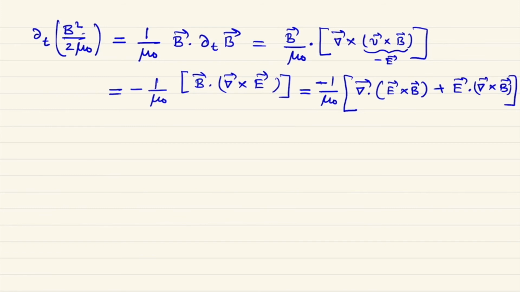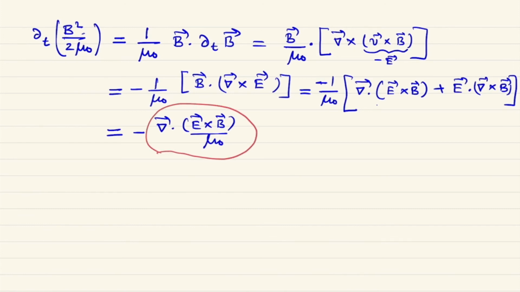Okay, so yeah, because this one is equal to this one minus this one, so right, and so you have minus divergence of e cross b by mu 0, which you can simply identify as very popular Poynting vector, this one. Okay, so Poynting vector, right?